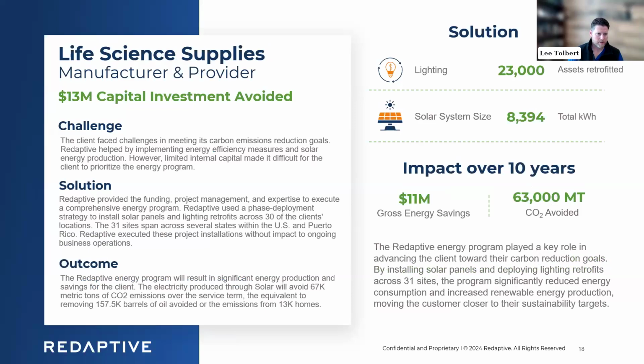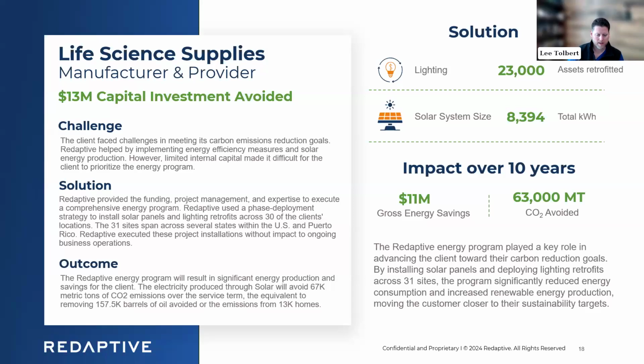And then second example here is of a life science manufacturer and supplier. Again, a huge capital investment avoided, and they had similar issues where they simply didn't have the capital available to try and address their needs. And they too had very specific and near-term carbon reduction goals that they had to hit.